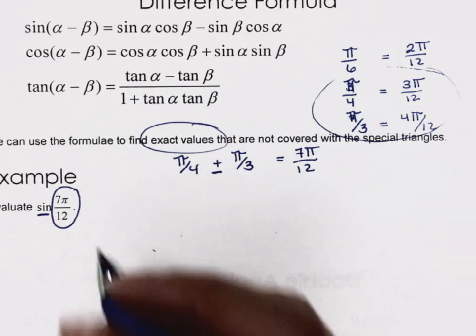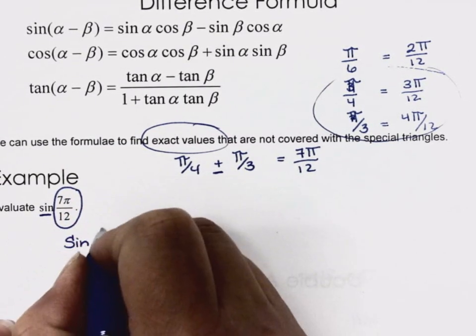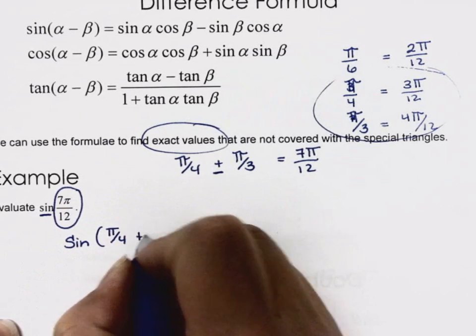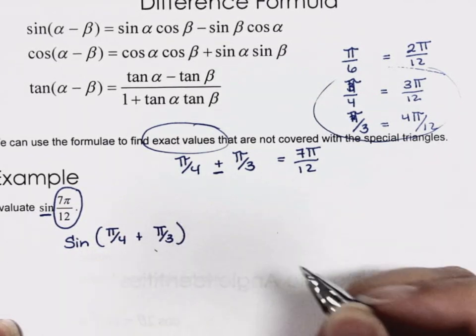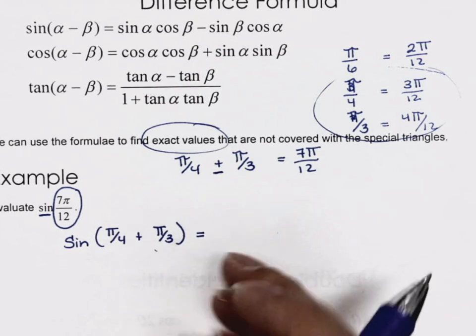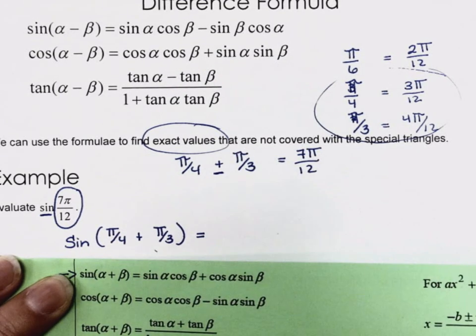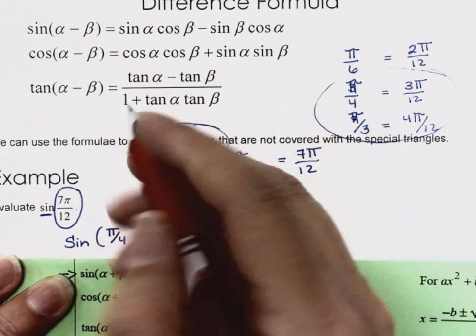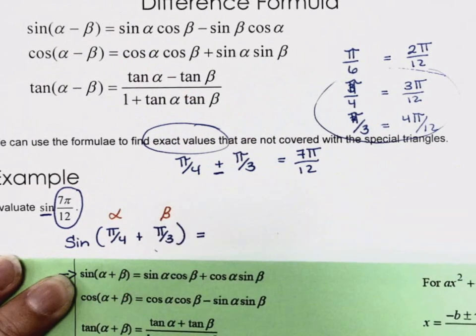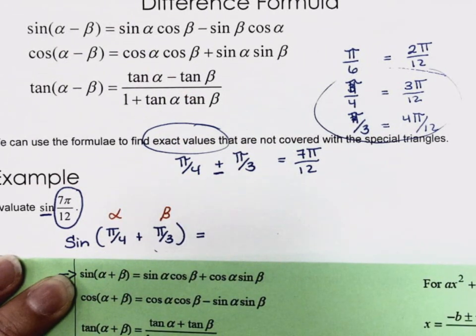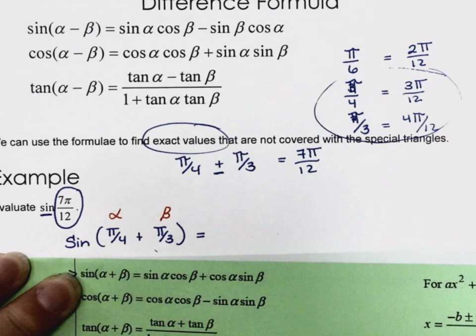So we know that sine of pi over 4 plus pi over 3, and now we're going to fill in the formula. Let me just put the formula right underneath because like I said, I don't quite remember it. This is your alpha, and that's your beta. In adding, it doesn't really matter what order they go in. 3 plus 4 is 7, 4 plus 3 is 7. Those are commutative properties, multiplying and adding. Doesn't matter what order you do them in. Dividing and subtracting are different.